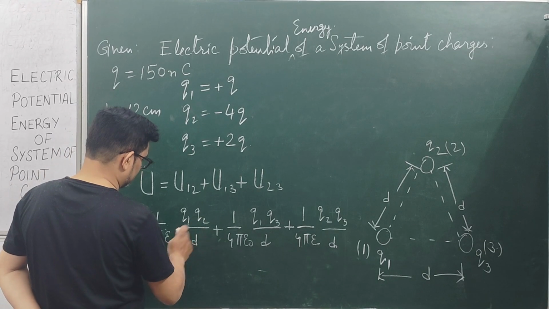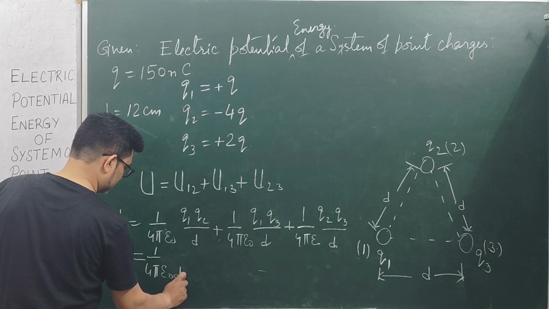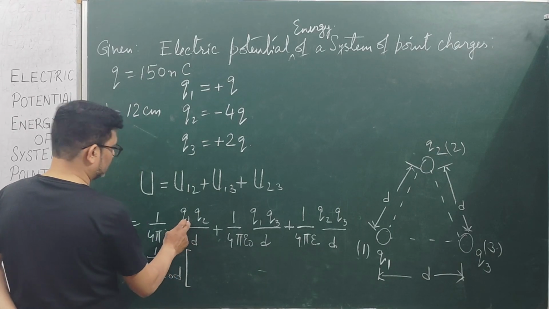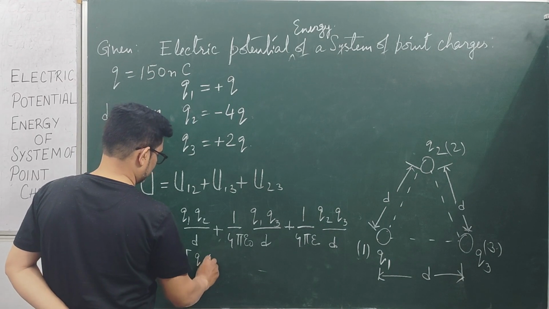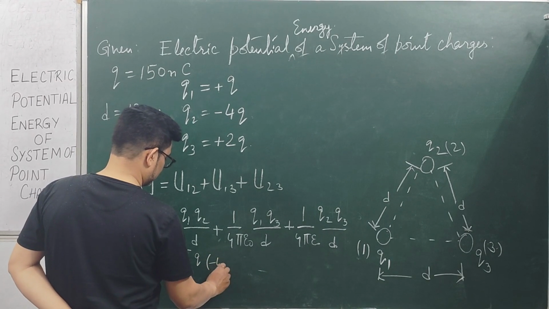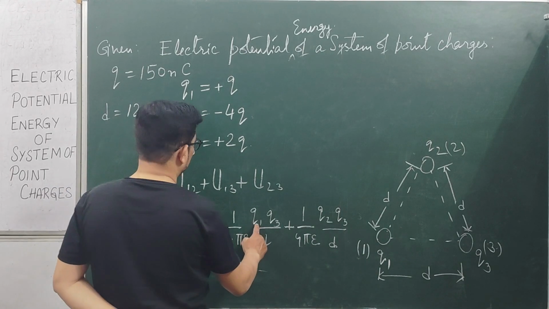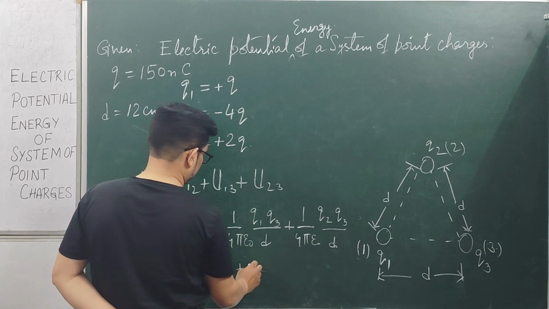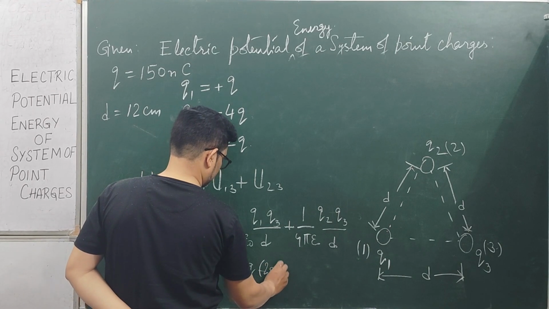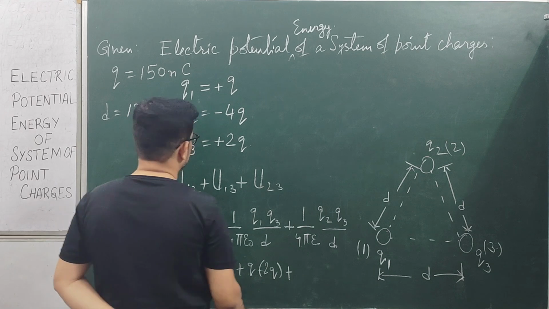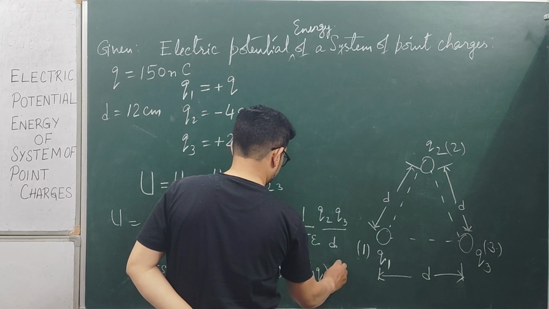Now let's put in the values. We put this outside the bracket. D is also common. So we can have Q1 Q2; now Q1 is Q, so it comes out to be Q times Q2, which is minus 4Q, plus Q1 Q3, which is Q times 2Q, plus Q2 Q3, which is minus 4Q times 2Q.